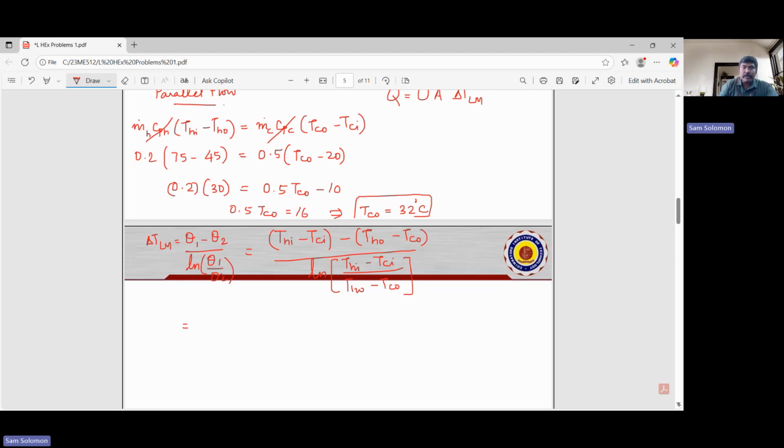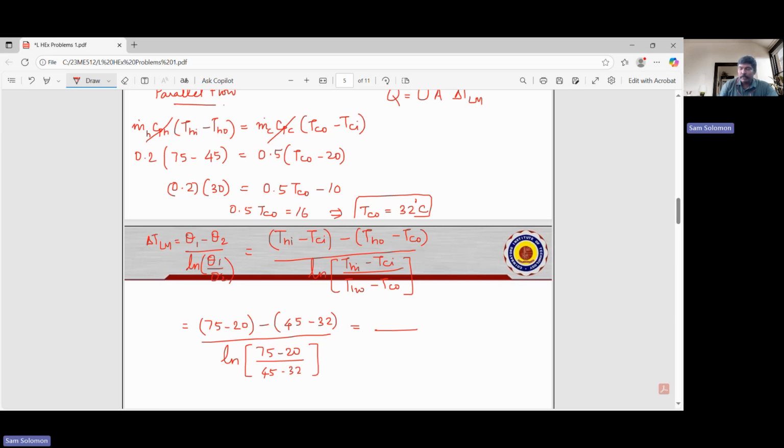If you substitute the values, that is going to be (75 minus 20) minus (45 minus 32) whole divided by ln of (75 minus 20) divided by (45 minus 32).